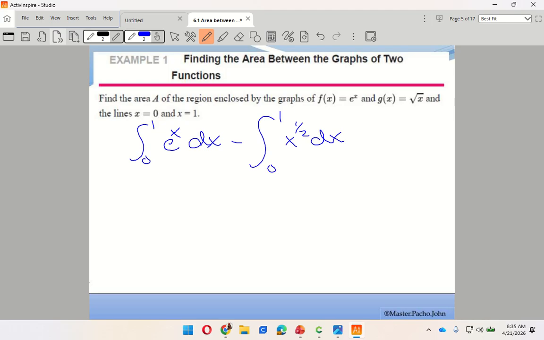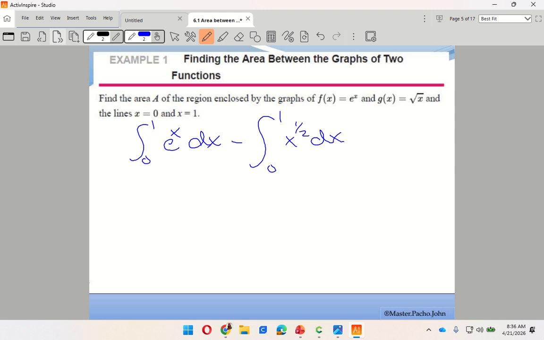Let's start like this. What's e to the 0? Okay, so it'd be 1. What is x to the 1/2 at x equals 0? That would be 0, right?